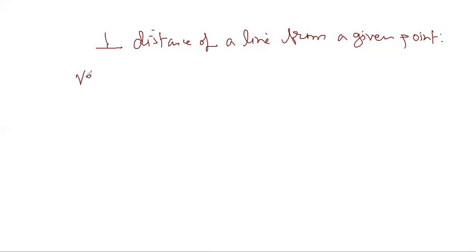In vector form, P is a point, and from here you have to find the perpendicular distance up to this line.